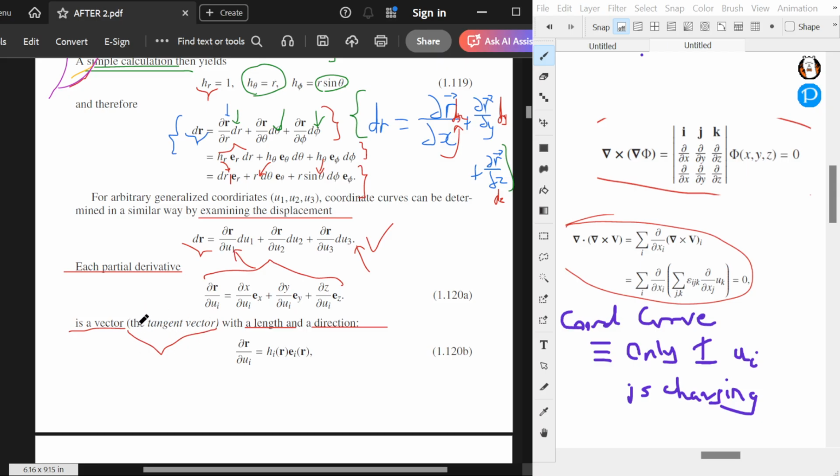So this isn't saying anything bigger, because we know differentiation is just a tangent. Each partial derivative is a vector, the tangent vector, with a length and a direction.